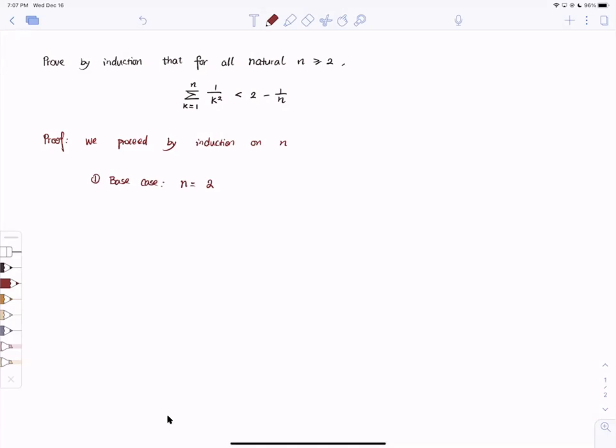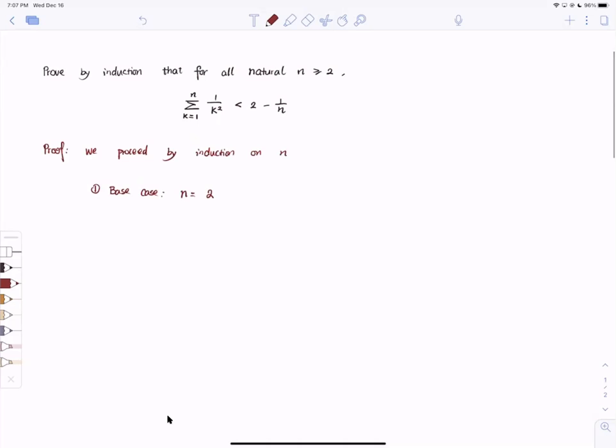Okay, so when n equals 2, my left-hand side is the sum from k equals 1 to 2 of 1 over k squared, which equals 1 over 1 squared plus 1 over 2 squared. So this equals 1 plus 1 over 4, which equals 5 over 4.